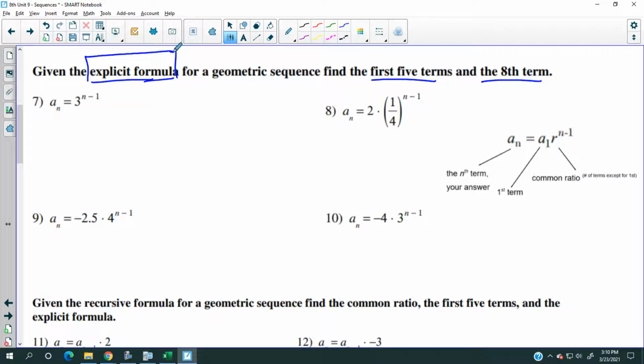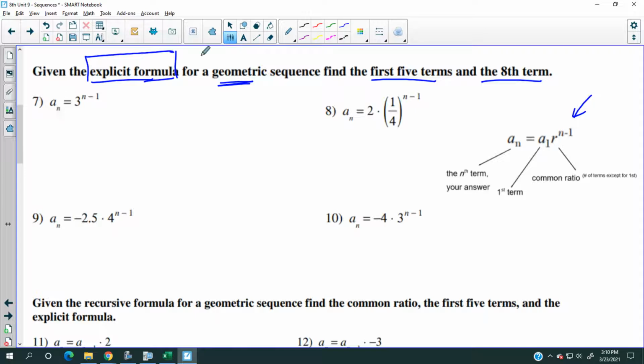Take what they give you and work from there. If not, go to the reference sheet, or use the methods I've been working with you, whether that's the slope-intercept form for arithmetic or the exponential function with geometric. You can use those.